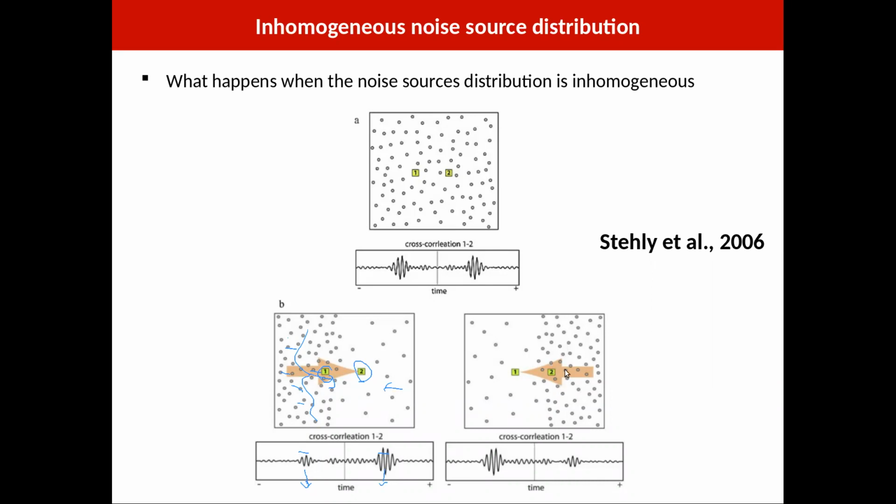In the reverse case, where the noise sources are mostly concentrated behind station 2, the signal in the negative time lag will have a greater amplitude than the one in the positive time lag. But the point is the travel times are still the same. Okay.